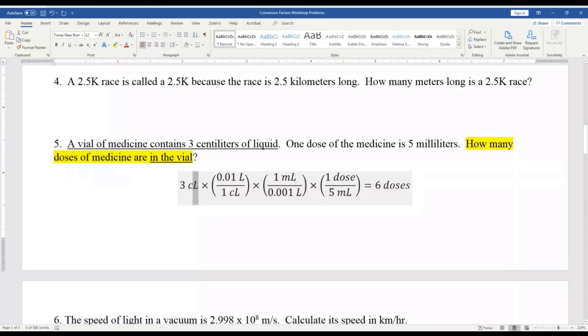So that's why I say follow the units first, because if we realize we have to cancel out centiliters, we think, well, what can I convert that to? I can only convert it to liters. Then liters has to cancel. What can I convert that to? Milliliters. Well, milliliters is not doses, so milliliters has to cancel out. What can I convert milliliters to? I see, milliliters is related to doses, so that can go on top. So essentially, I'm trying to put together the pieces of the puzzle.